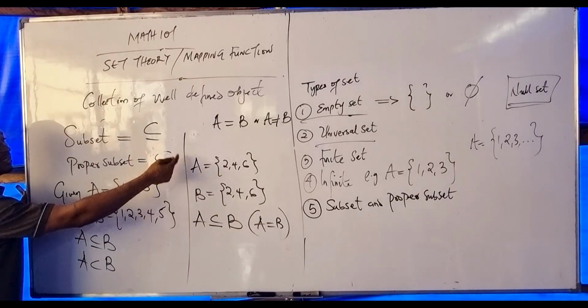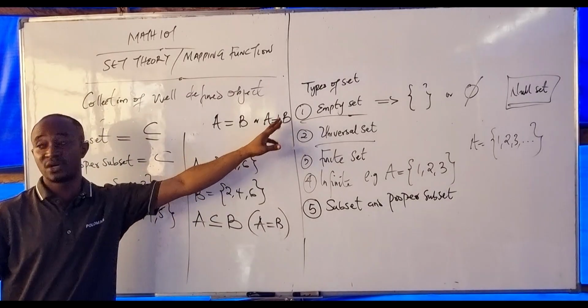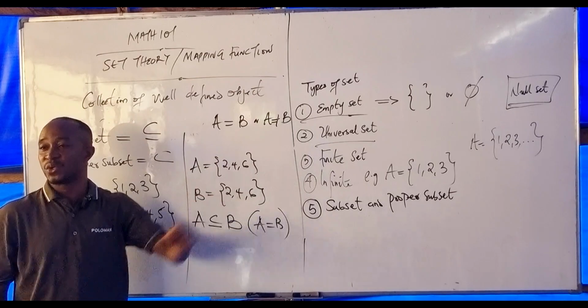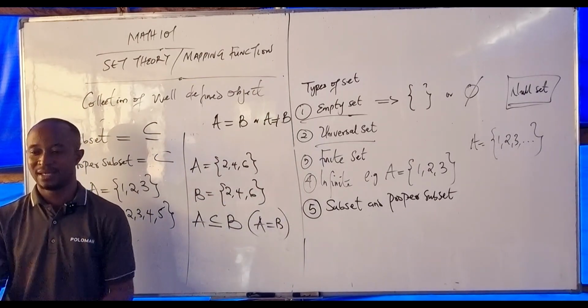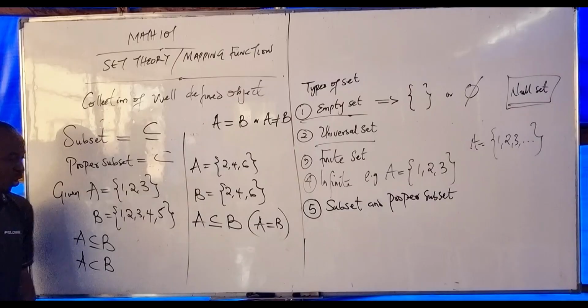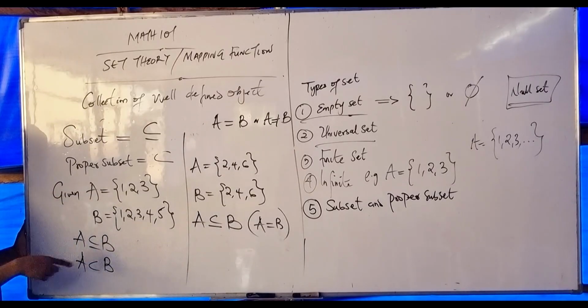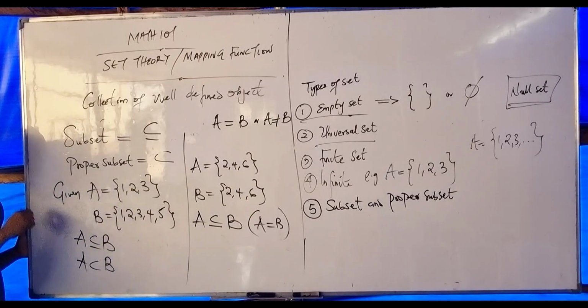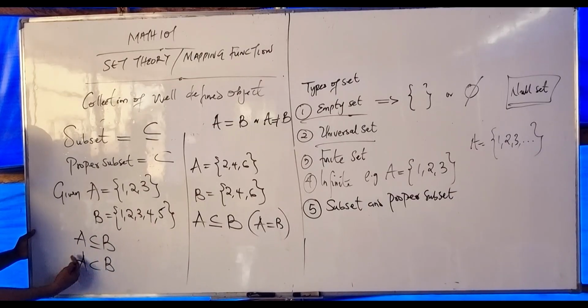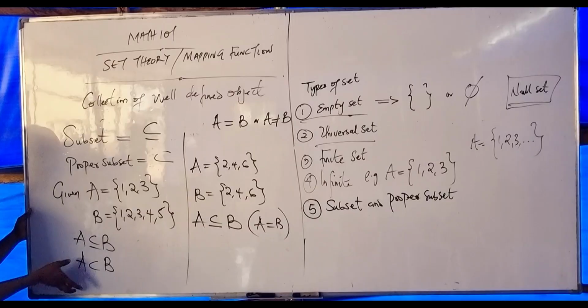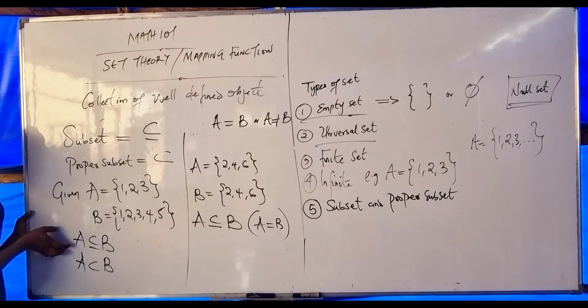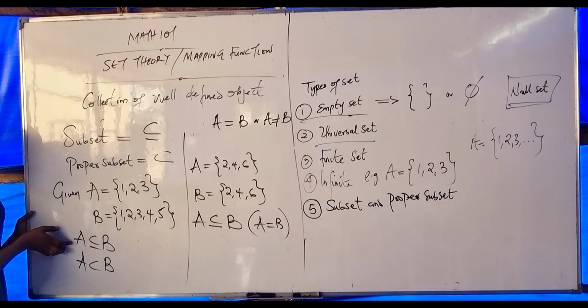When you have only C, it means A is not equal to B. So the word proper subset and the word subset, they are almost the same thing. That's why I said in the first one that all proper subsets are subsets. Is it a note? All proper subsets are subsets. So when you hear the word proper subset, it's the same as the word subset. Are you getting the gist here?